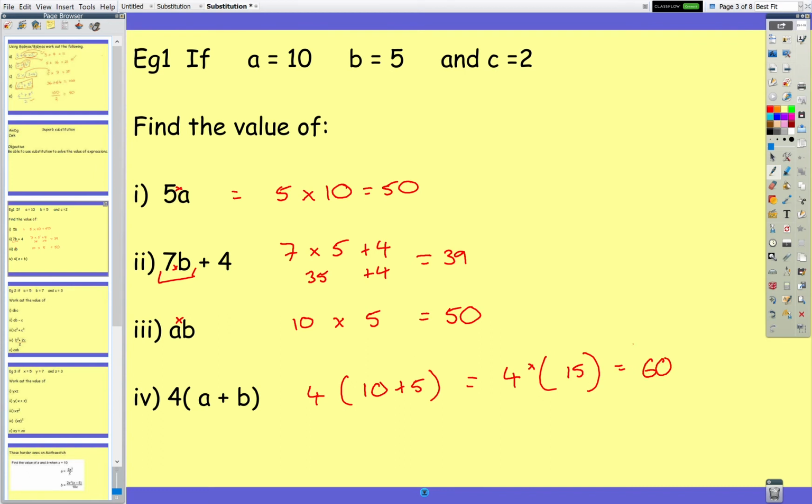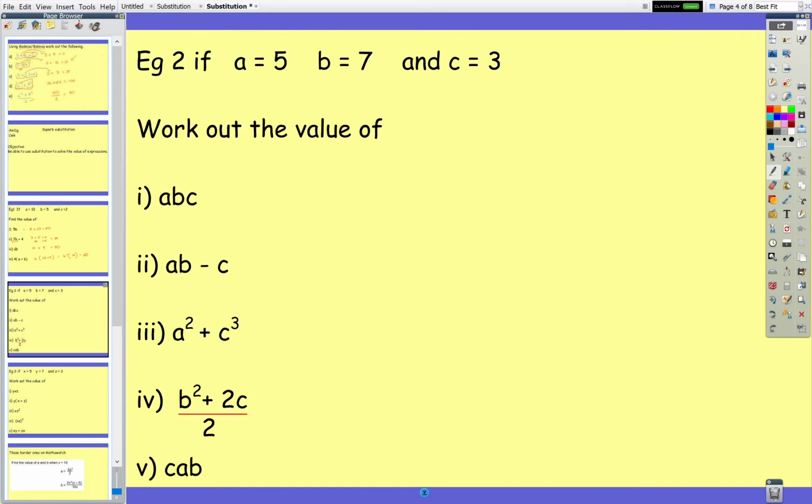Now slightly harder ones. Notice how the letters have also changed in terms of value. So the first one, we've got 5 multiplied by 7 multiplied by 3. Now with this one here, it doesn't matter which order you do it in. What I would tend to do is try and make my numbers easier. So 7 times 3 gives me 21, times by 5.